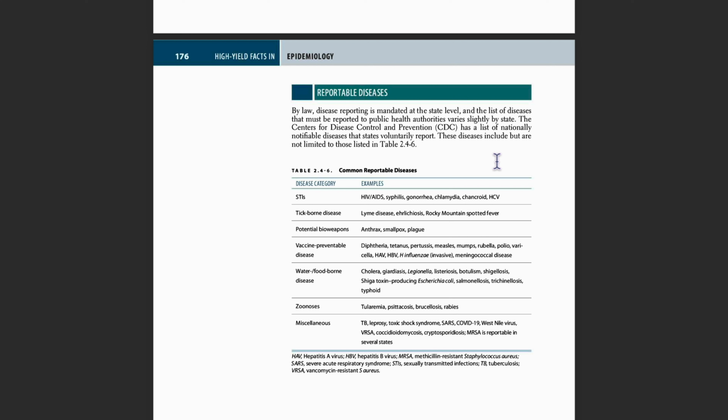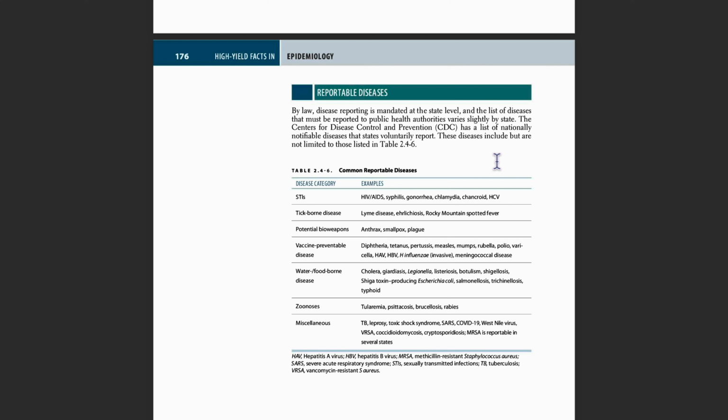Water and foodborne diseases: cholera, giardiasis, Legionella, listeriosis, botulism, shigellosis, Shiga toxin producing E. coli, salmonellosis, trichinosis, typhoid. Zoonoses: tularemia, psittacosis, brucellosis, and rabies.